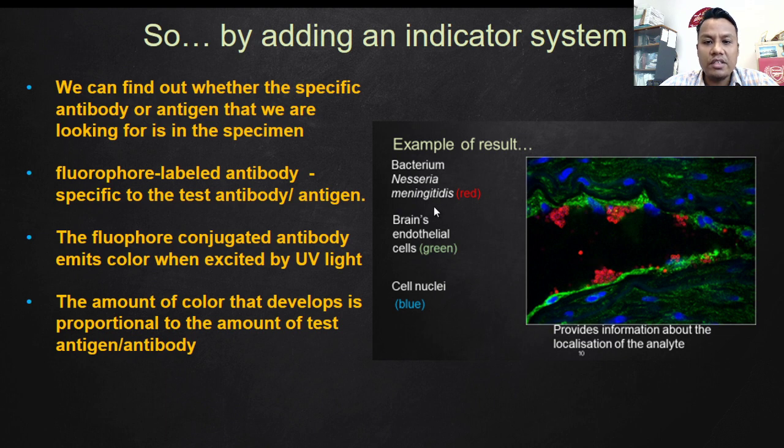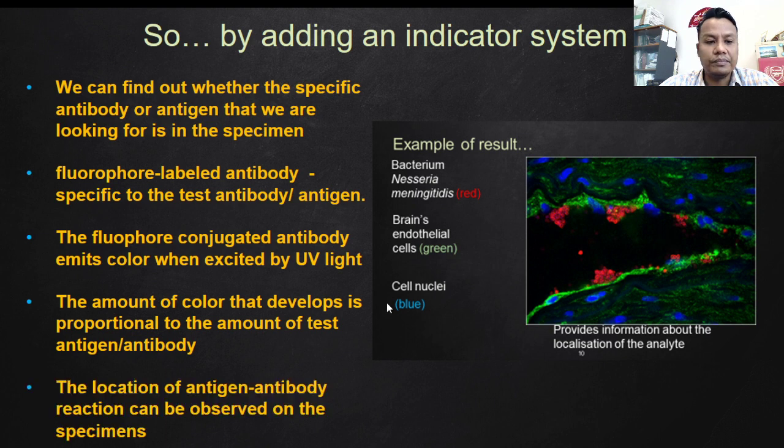For example, here we can see that the red represents the antigen for Bacterium Neisseria meningitidis in the brain tissue. So the location of the antigen-antibody reaction can be observed on the specimen. This is one of the most unique features of IF, where we can locate the antigen.